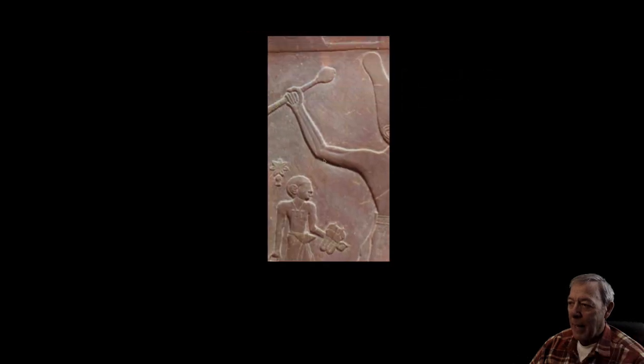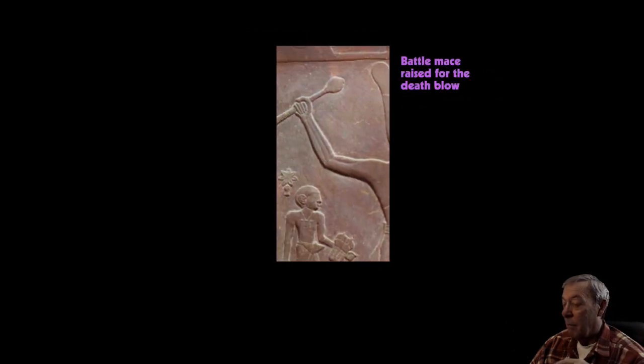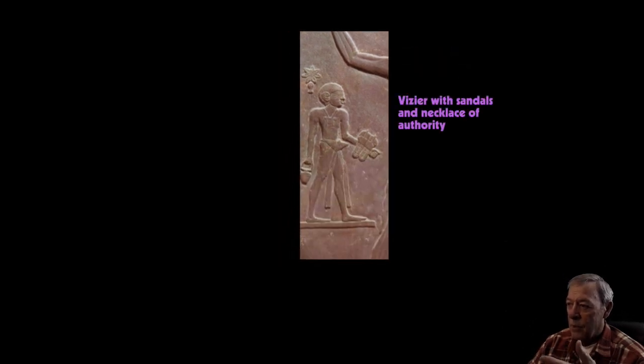And there is the battle mace, raised for the death blow, typical of the striking pose that is represented throughout Egyptian history as a way of symbolizing Pharaoh's power over his enemy and his military prowess. And then we have here the vizier with sandals. You got sandals in his hand here.